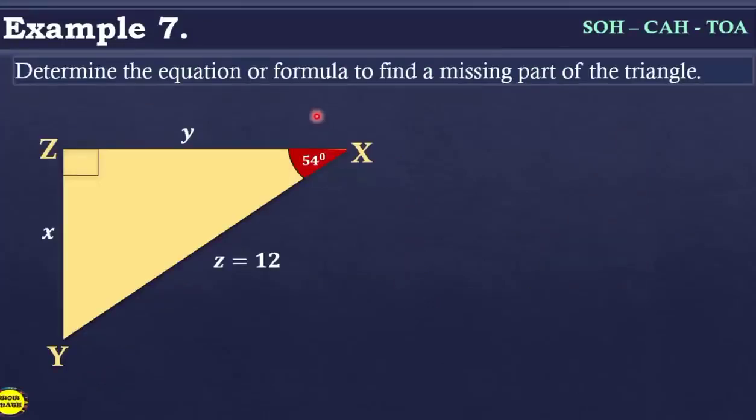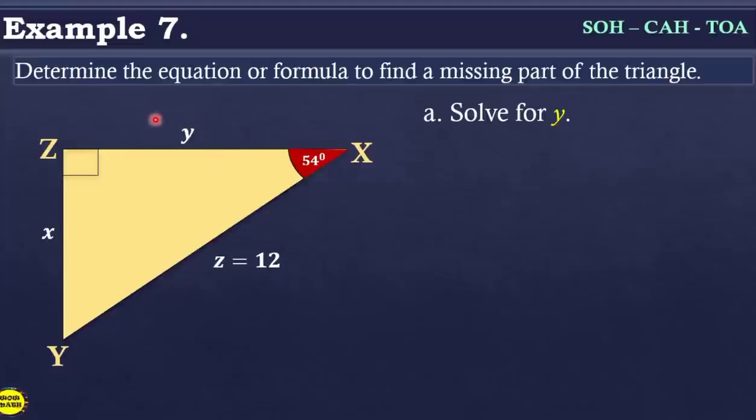Next, determine the equation or formula to find the missing part of the triangle. In this example, we just need to find the equation or the formula. Hindi pa tayo magko-compute dito. Equation and formula para masanay lang po tayo kung paano siya isosolve. Dapat alam mo yung equation o formula. Ang pinapahanap sa atin is y.